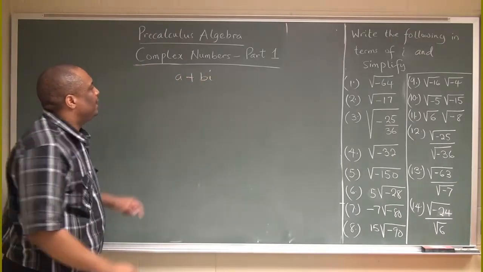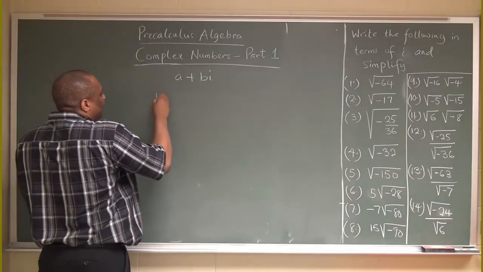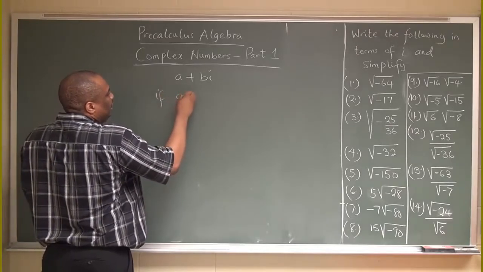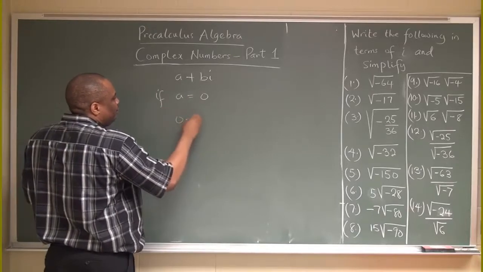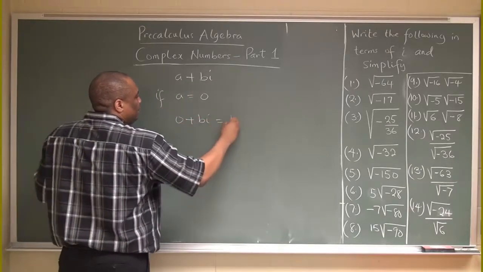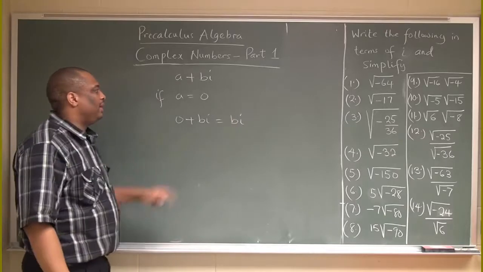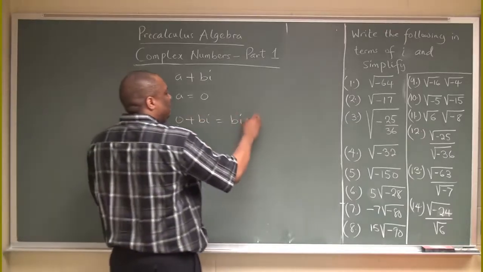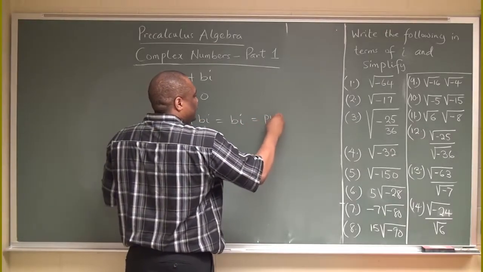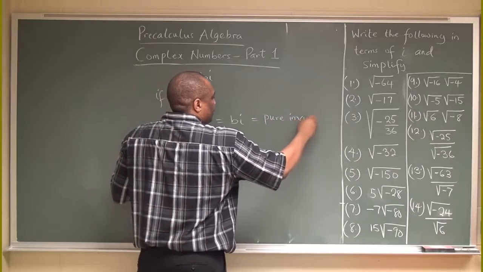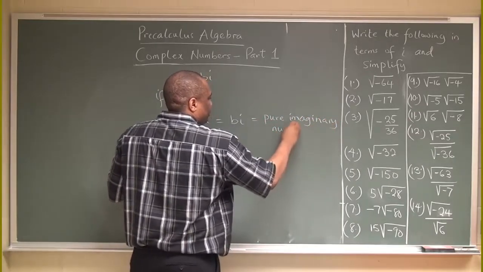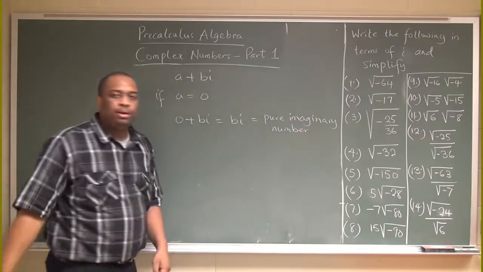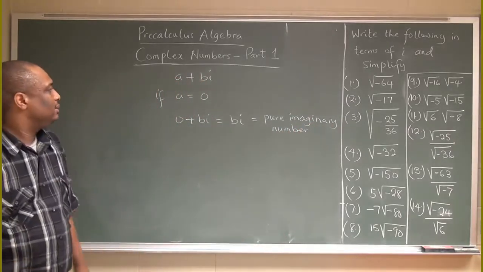Now, if a is 0, that means you now have what? 0 plus bi, which is only bi. So when a is 0, you only have a pure imaginary number. Pure imaginary number. Okay? When a is 0.